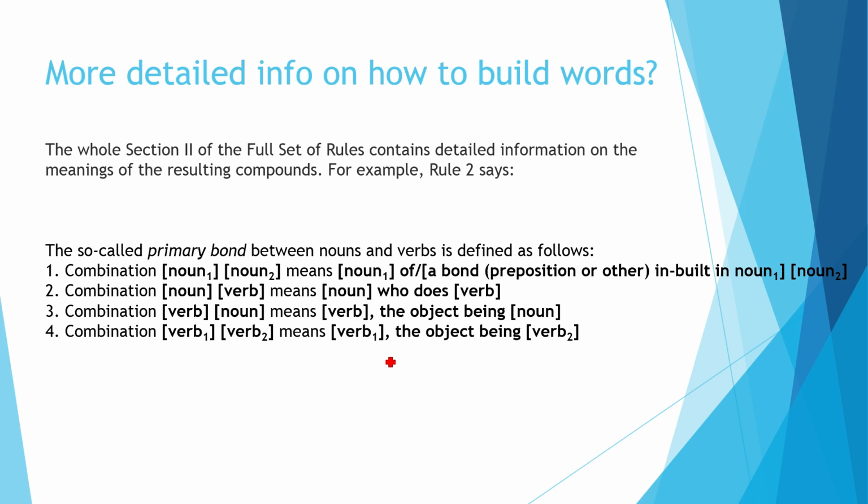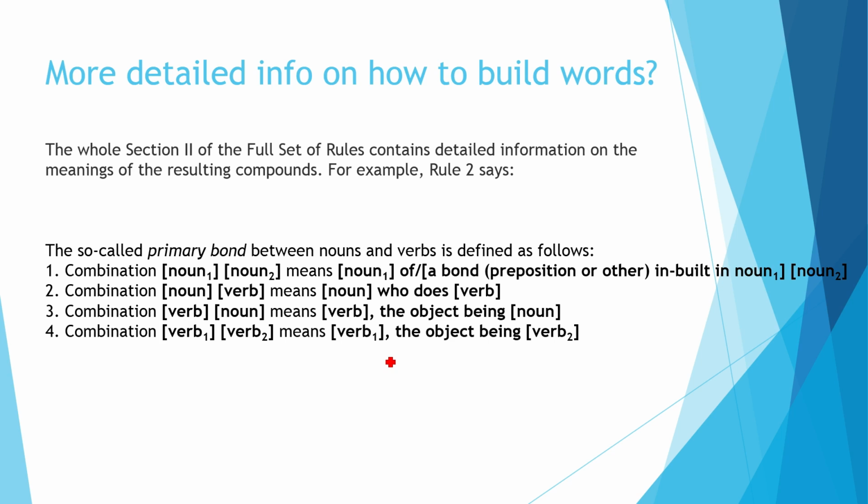So now, what about the more detailed info on how to build words? That was the general rule, and that general rule is, let's just say, vague. We say word 1 described by word 2. Well, that's not the complete information, in fact. You can find the complete information in section 2 of the full set of rules.